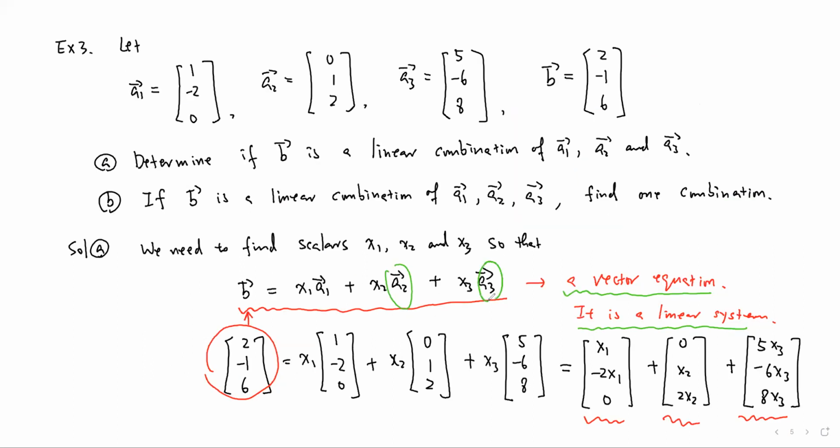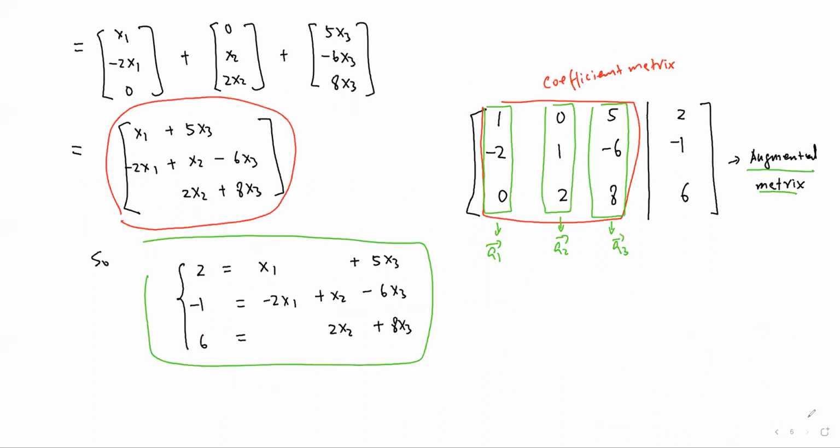Vector A3 is the coefficient of variable x3 in this vector equation. Vector A3 is 5, -6, and 8.